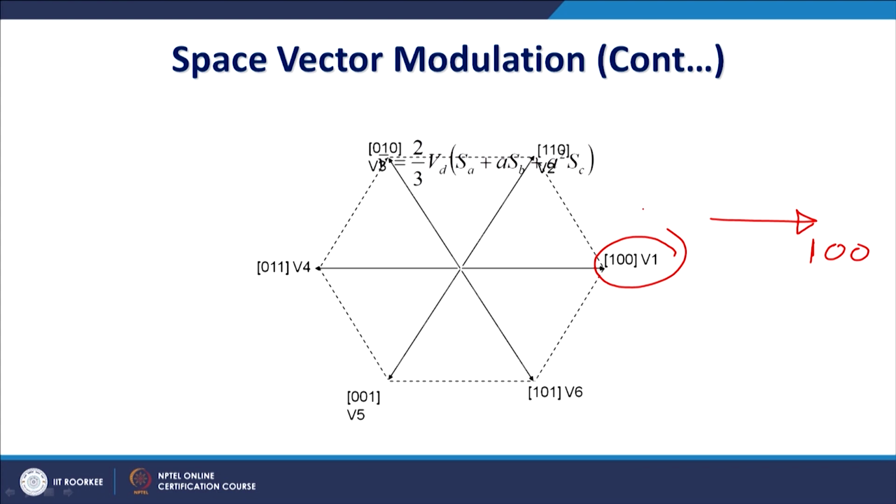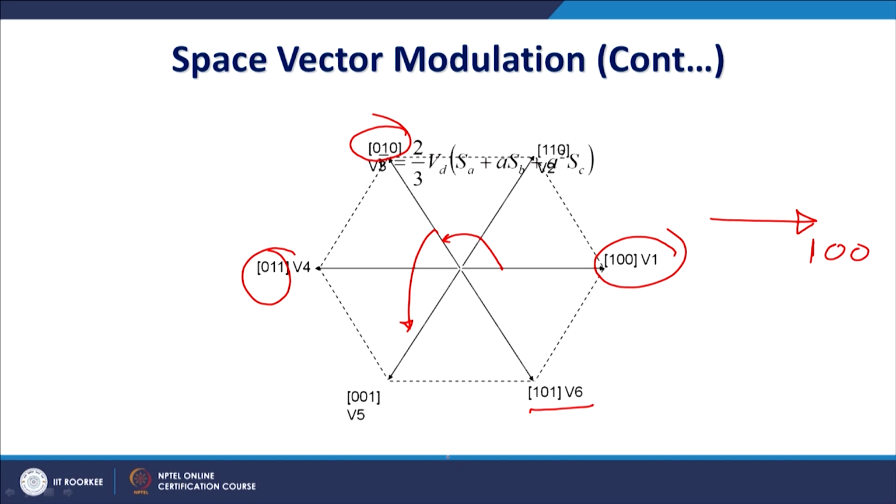Similarly, this will be 120 degrees apart and this will be V2, and this value will be 0 1 0. Similarly, this value will be 0 0 1. Thus it will be minus A, which is 0 1 1, and minus B, which is 1 0 1.